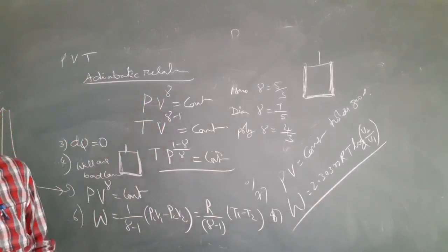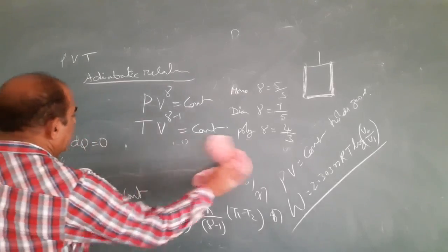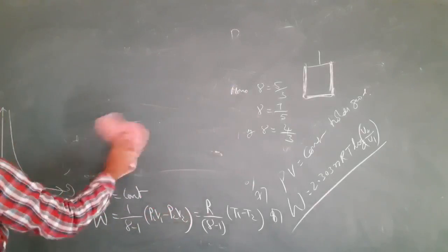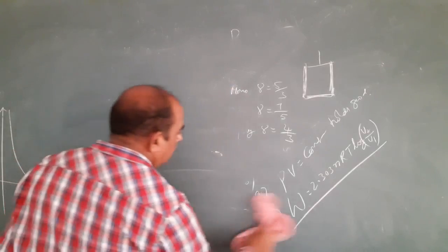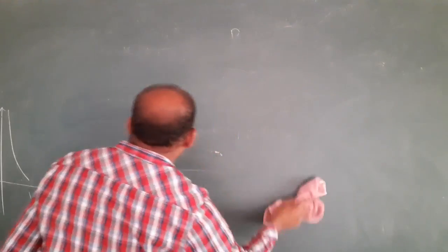So this is about the isothermal process and the adiabatic process. Next, in the isothermal process PV is equal to constant.